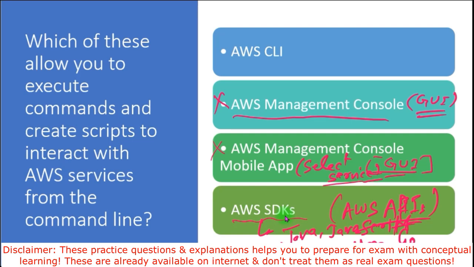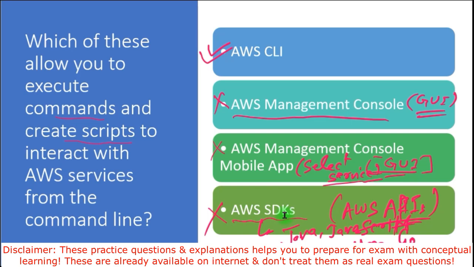Here we just need to execute commands and create a script to interact with AWS services. So this is not correct, because we are not creating code in any programming language. In this case, the correct choice will be AWS CLI.